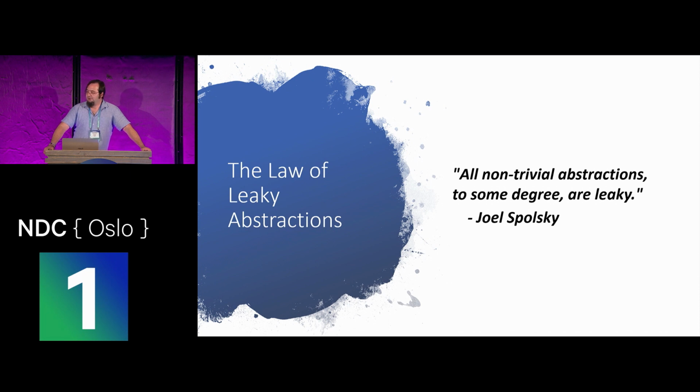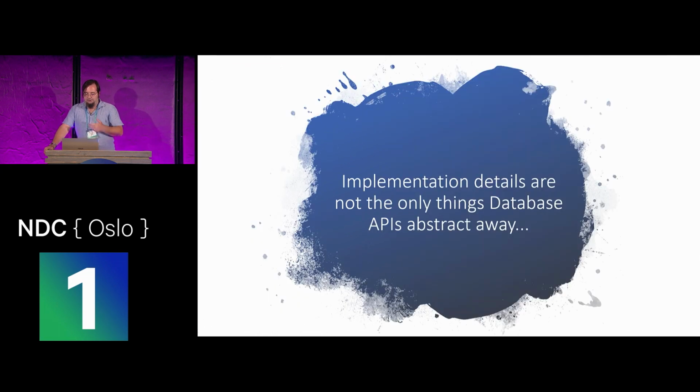Often that's the root cause when software developers do not take abstraction leaks into account. That's when performance problems start with databases in general. But implementation details, such as how indexes work, are not the only thing I will talk about.